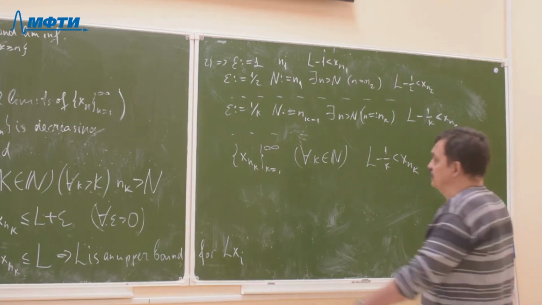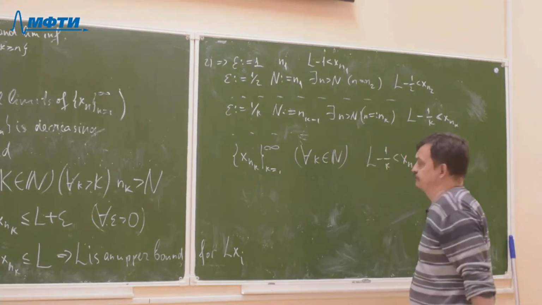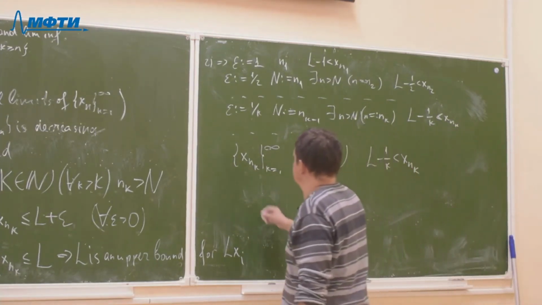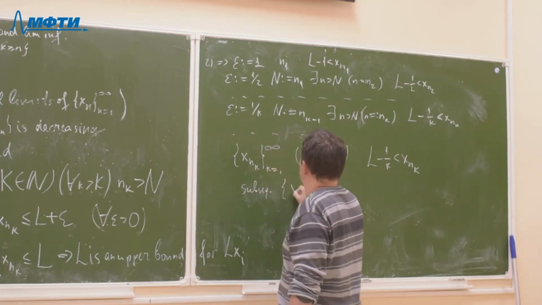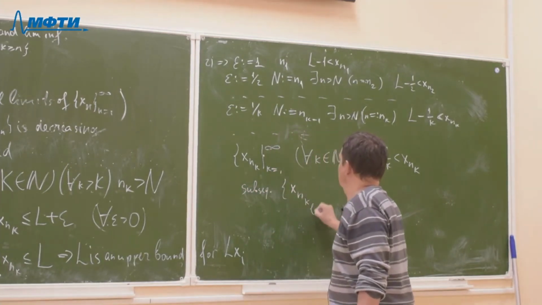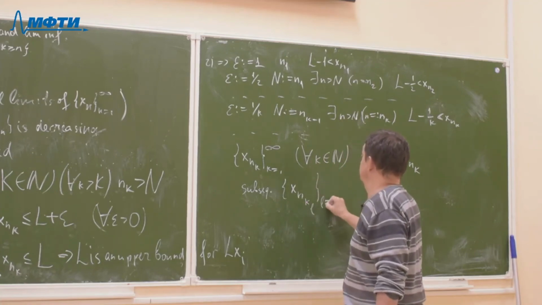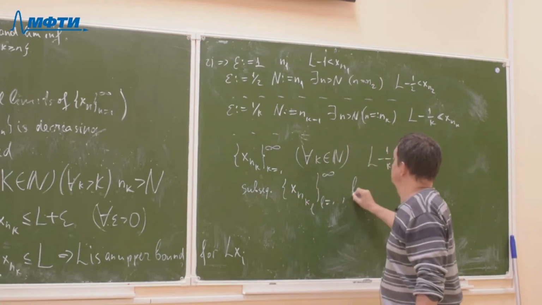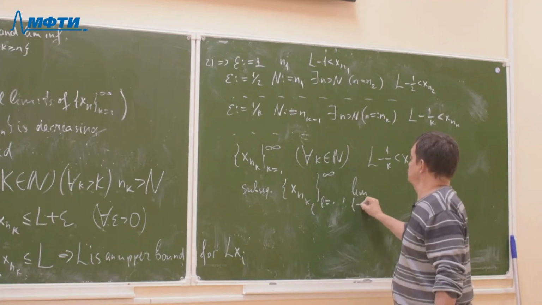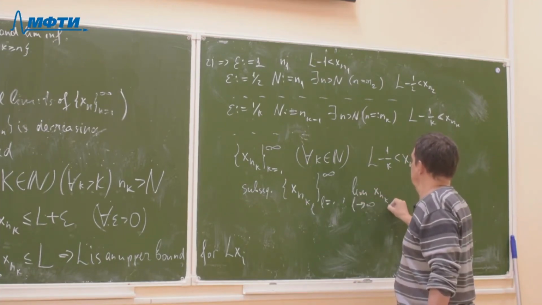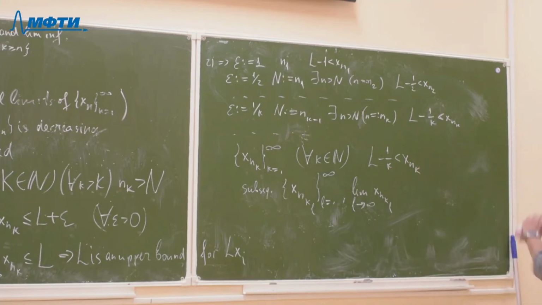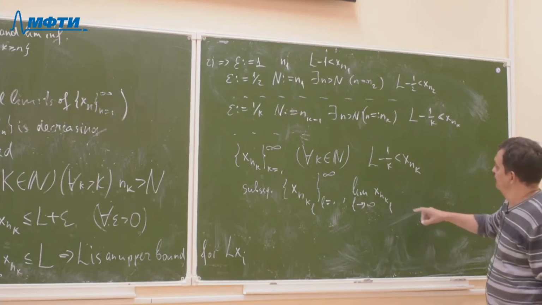x_{n_k} is a bounded sequence, so there is a convergent subsequence x_{n_{k_l}}. The limit as l tends to infinity of x_{n_{k_l}} exists, and what do we have for that limit? Look now.